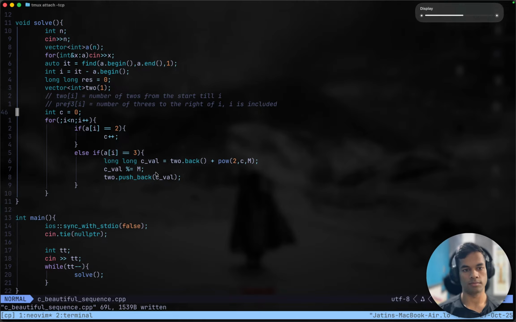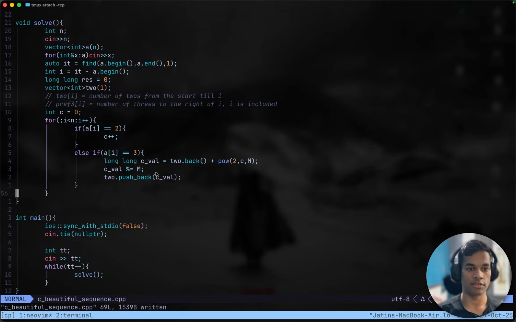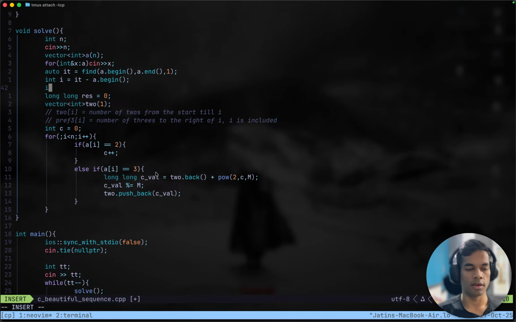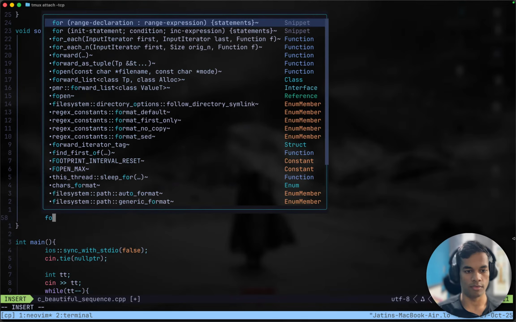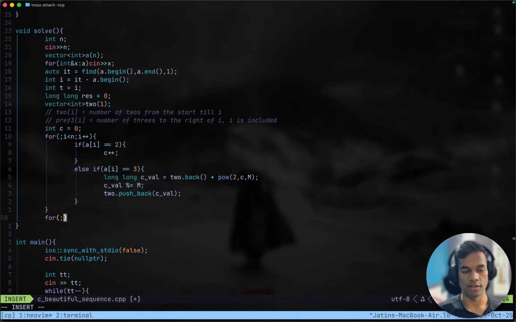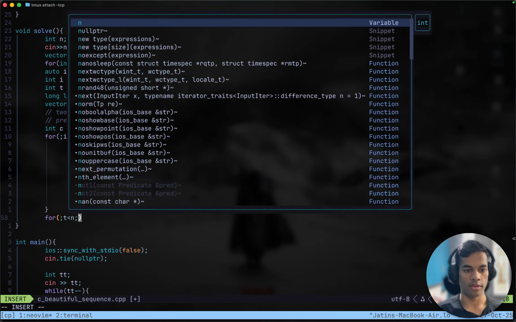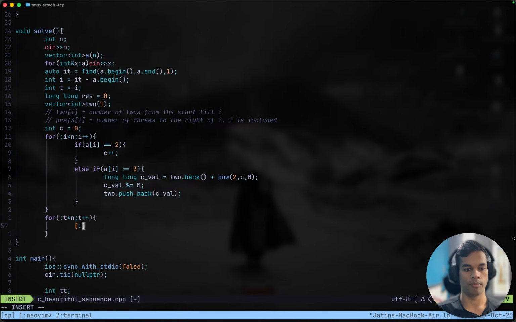Is there something crazy? Yes, we do not want to find this i once more. So we will say int t equals i, and we can use t instead of i. t is smaller than n and t plus plus.